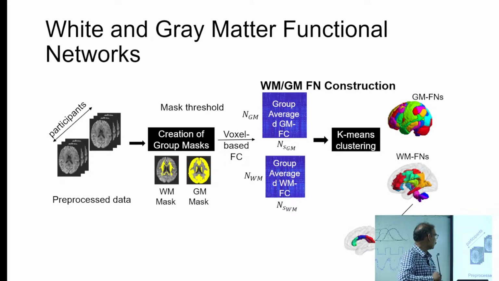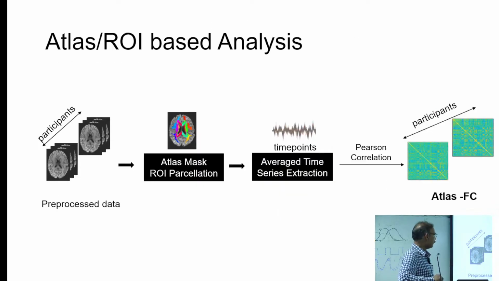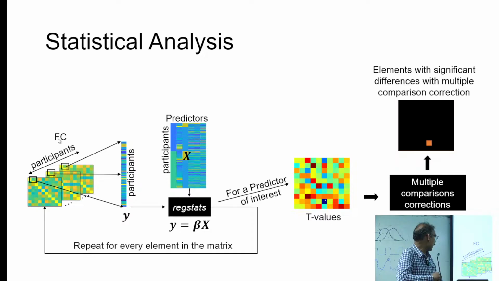Once you identify the regions of interest, it can also do correlation analysis, right? And then once you have the different correlation analyses, you can do different statistics with different parameters of interest, and then you can use tests for multiple comparison.